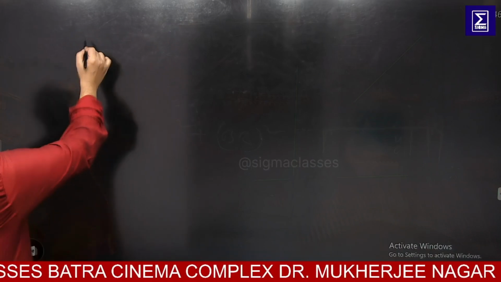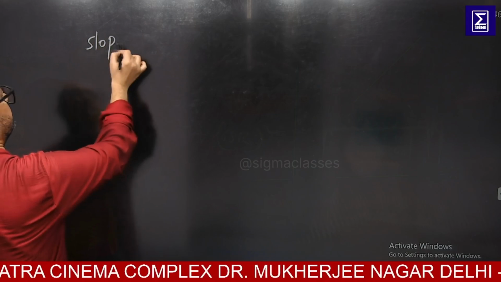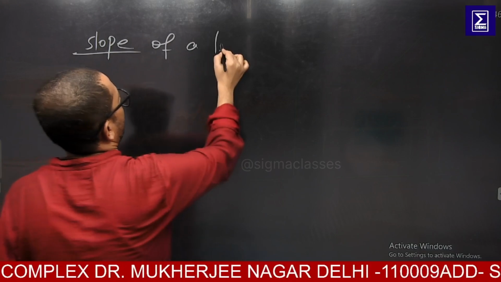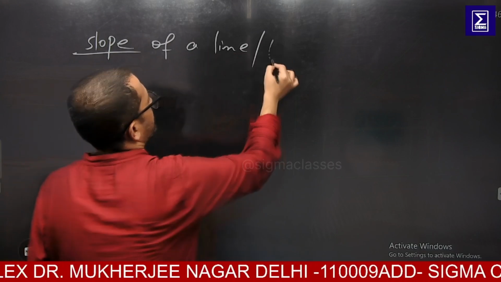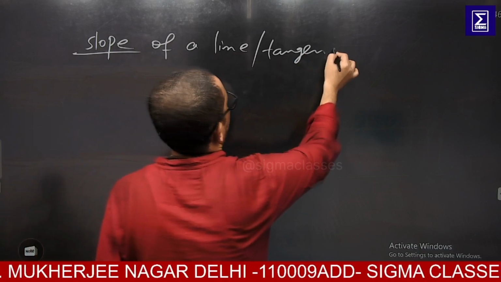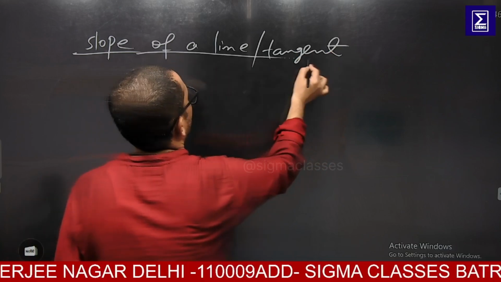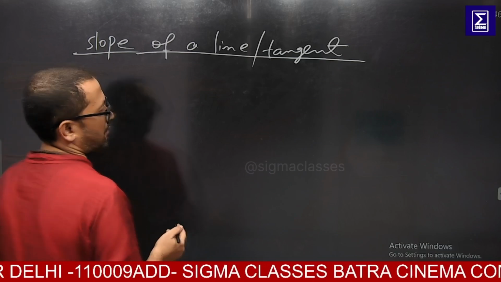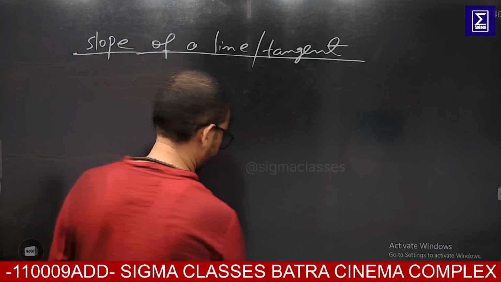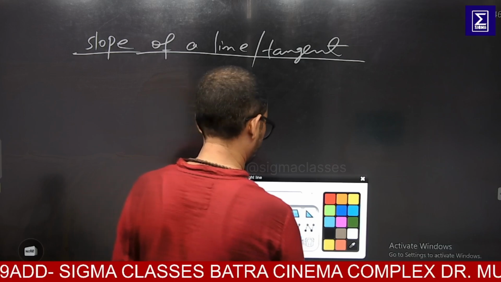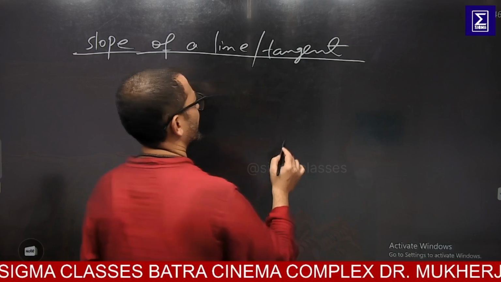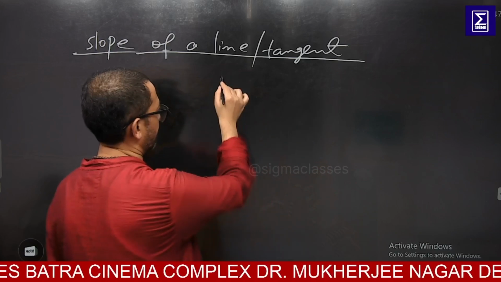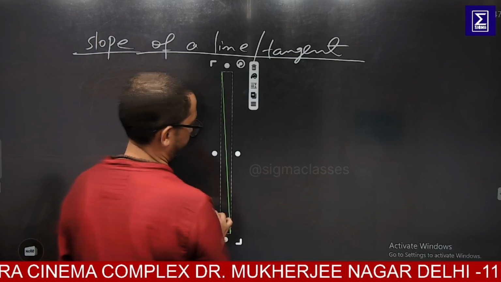Let's talk about slope. What is slope? Slope of a line, or we say slope of a tangent. So what we can do here is, there is a line, let's say any line is given. Firstly, we will draw the coordinate axis.